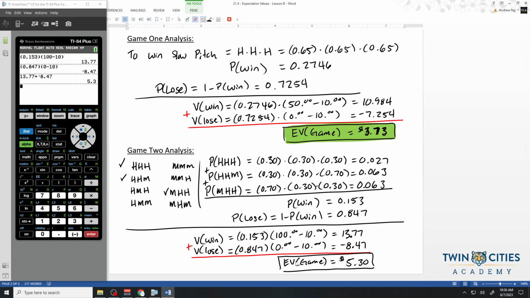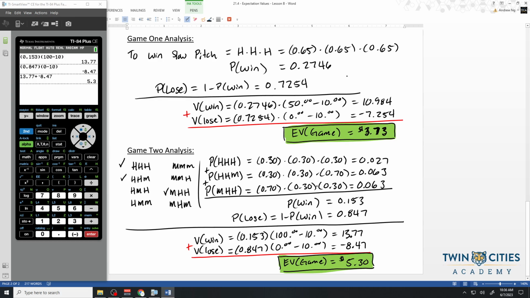If I compare the two games then, even though the chance of me winning is lower, right? The probability of winning fast pitch is 0.153 versus the probability of winning slow pitch is 0.2746.